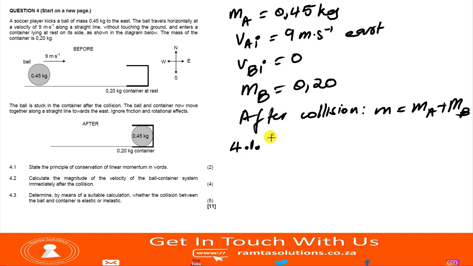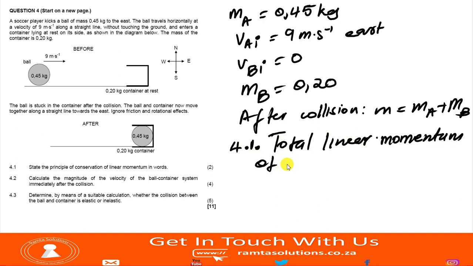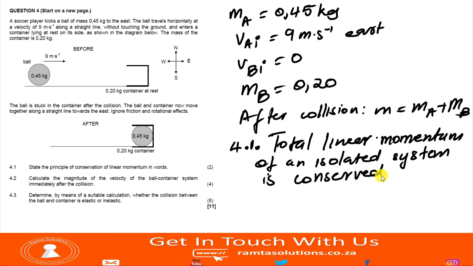We said the total linear momentum of an isolated system is conserved. If you don't want to say is conserved, you can say remains constant.